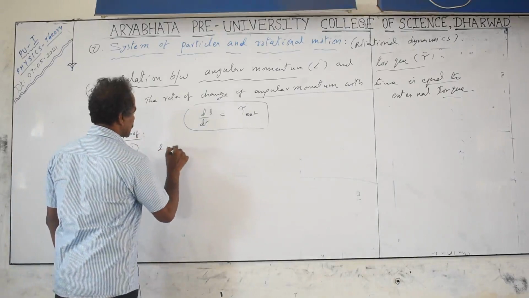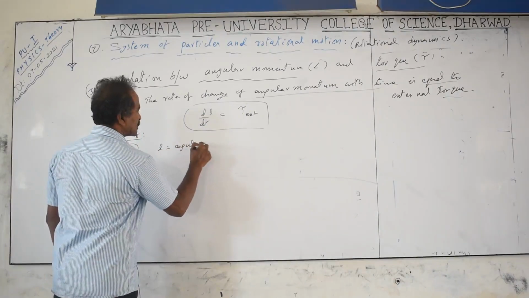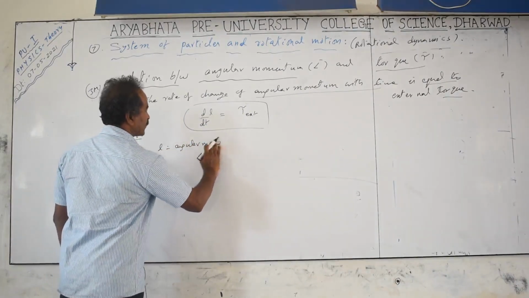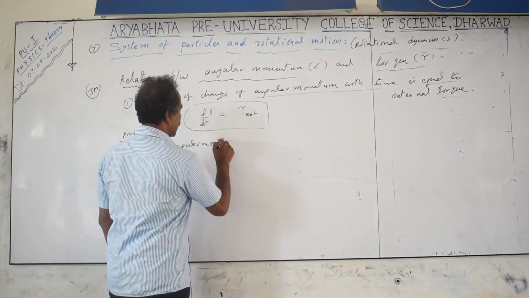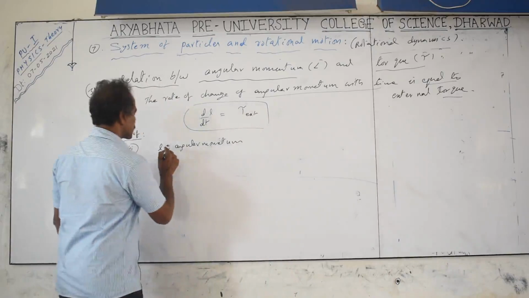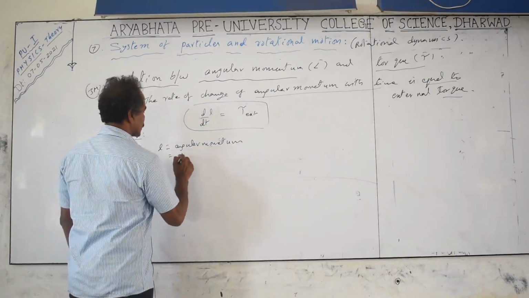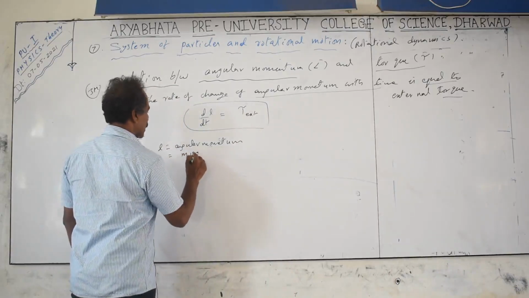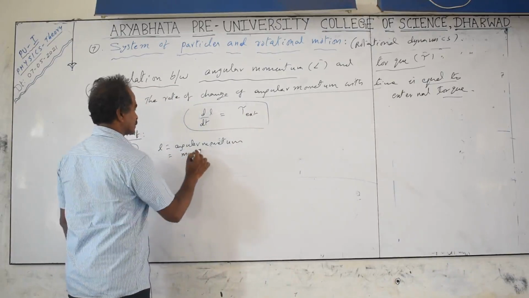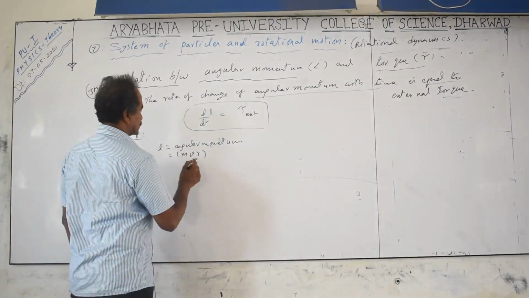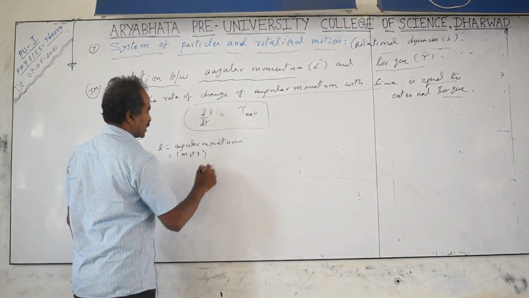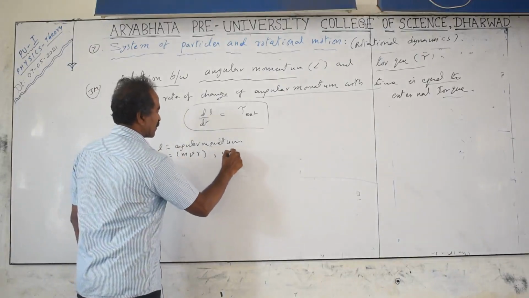L is angular momentum. L is equal to mvr, or P into R in magnitude.